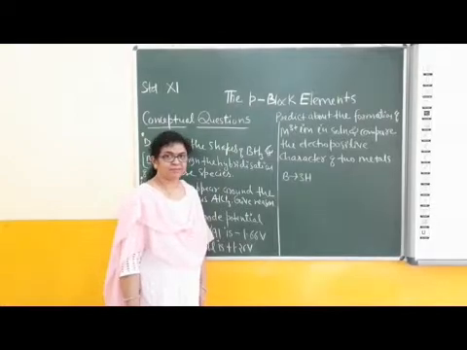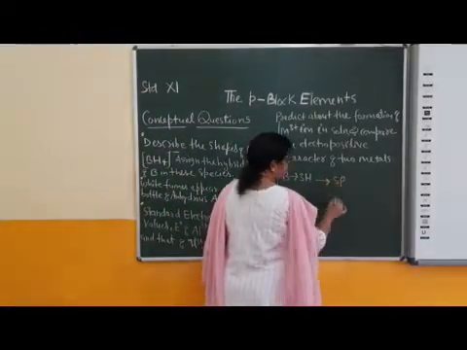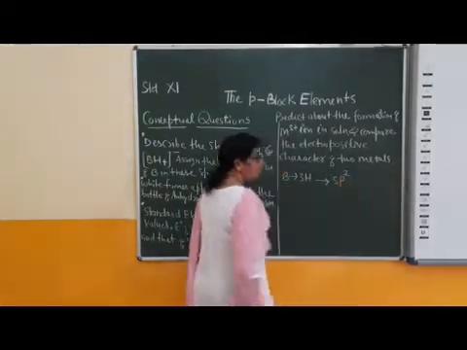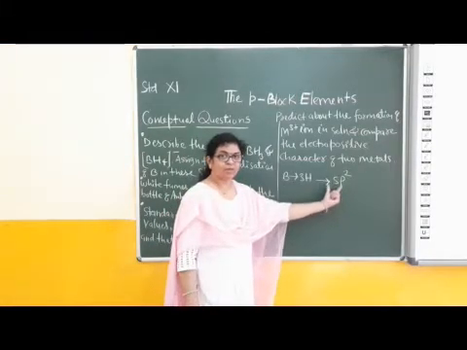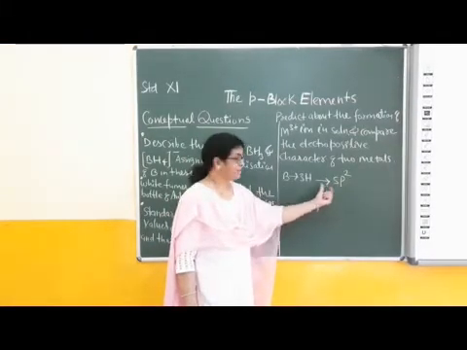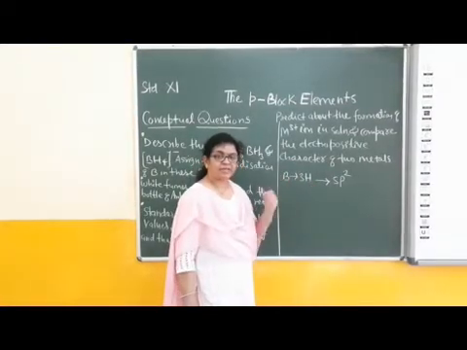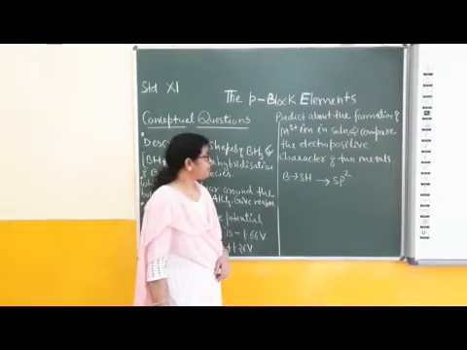Only 3. Then the possible hybridization in boron trihydride is sp2: 1 s orbital, 2 p orbitals, total 3 orbitals are present. Here 3 atoms are attached. The possible hybridization of boron in BH3 is sp2.